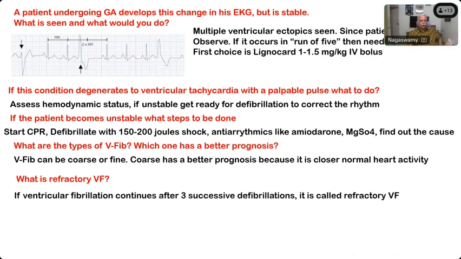The fibrillation continues after 3 successive defibrillations. It is called refractory. There is no role for oral antiarrhythmics or IV antiarrhythmics. With a failure of defibrillation after 3 attempts, it's called refractory. So what to do if there is evidence of acute myocardial infarction in a patient with ventricular fibrillation?